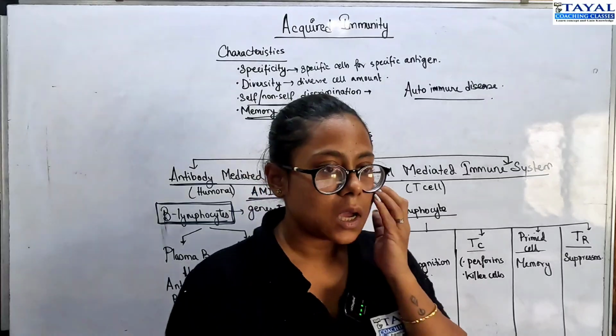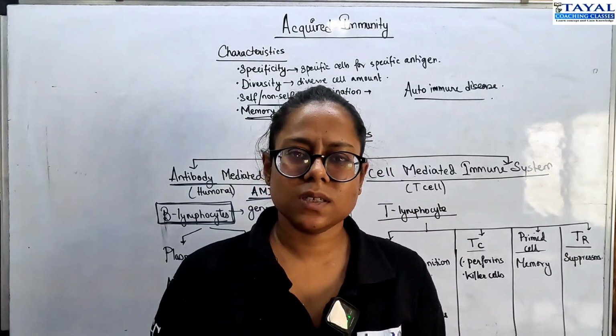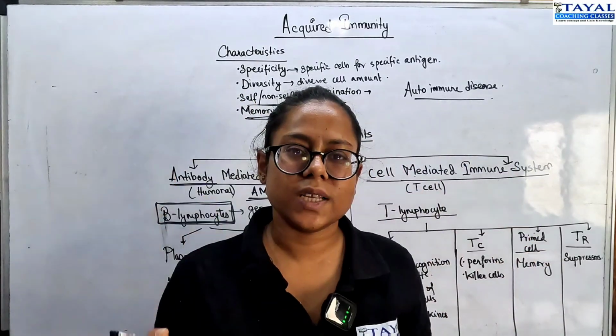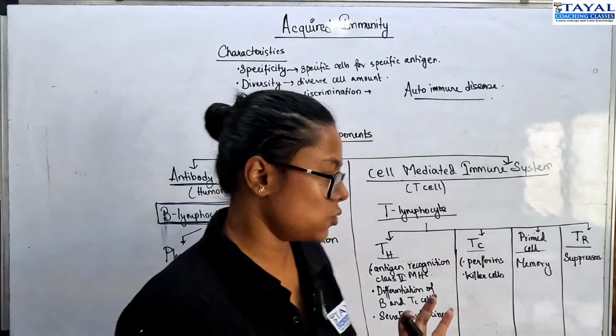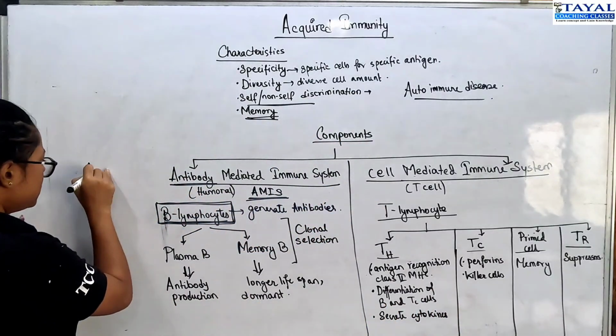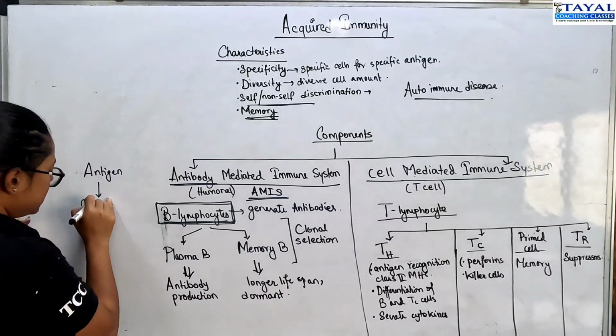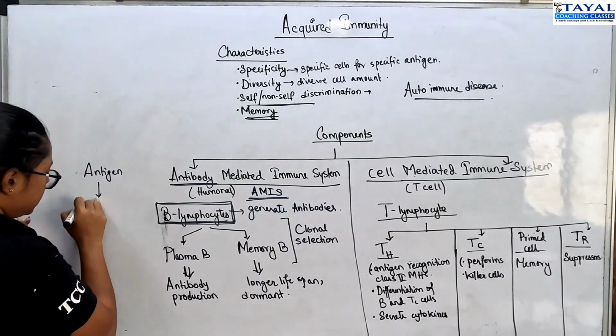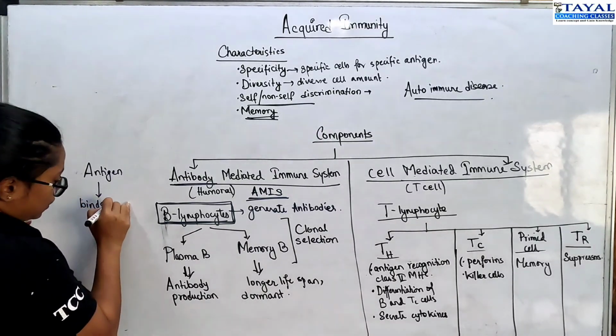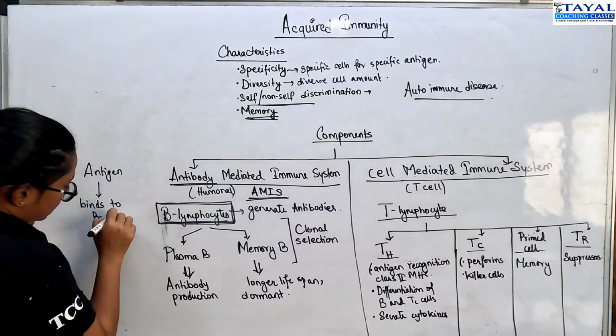So the moment an antigen comes, a B cell will recognize it, present it, and when it will present it, so when an antigen comes, it comes and binds to B cells.